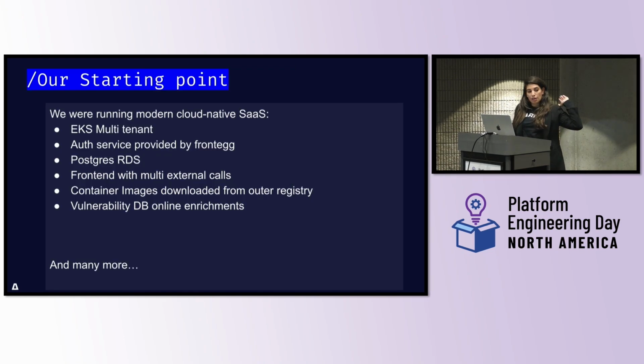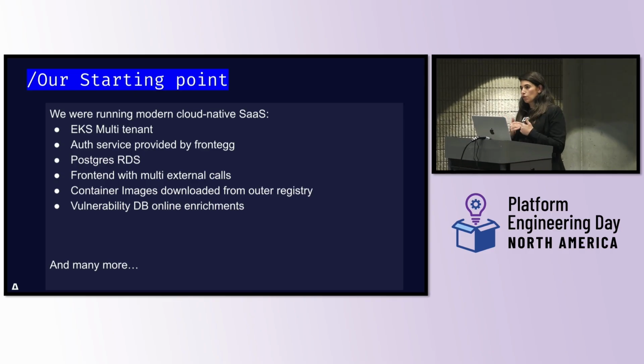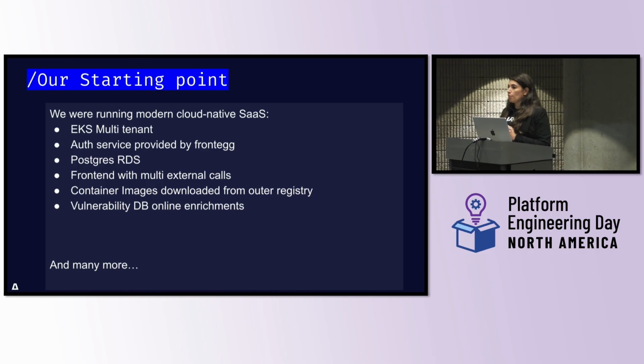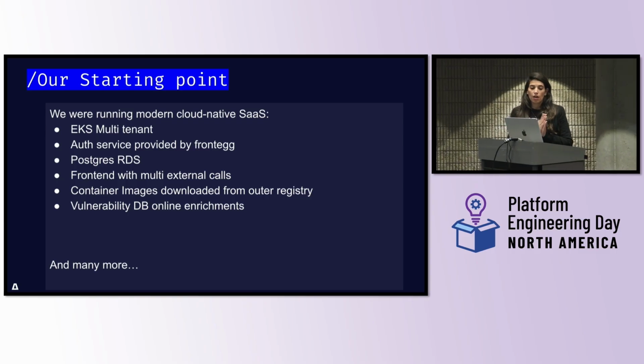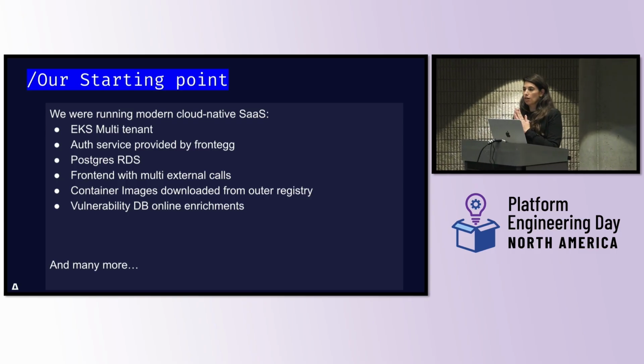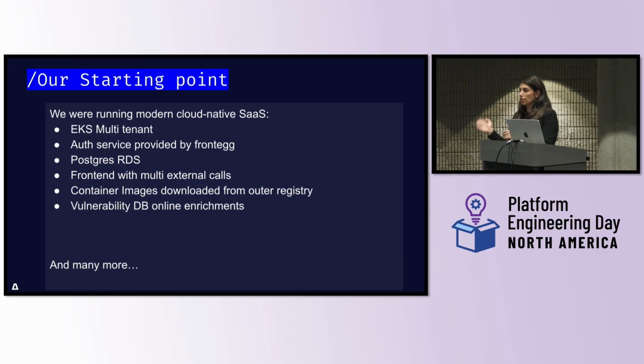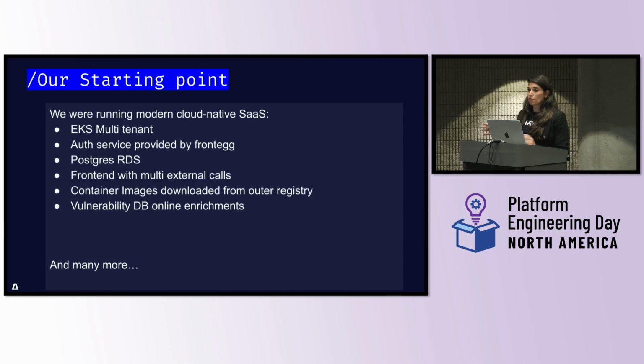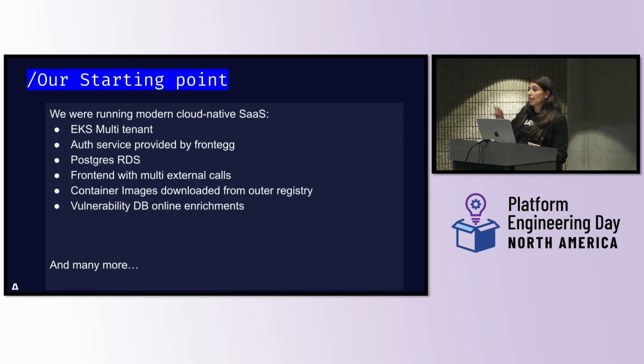So let's get into business with where our starting point was. We have EKS multi-tenant running on Amazon Cloud. We have an OAuth service provider, another SaaS that we connected to.